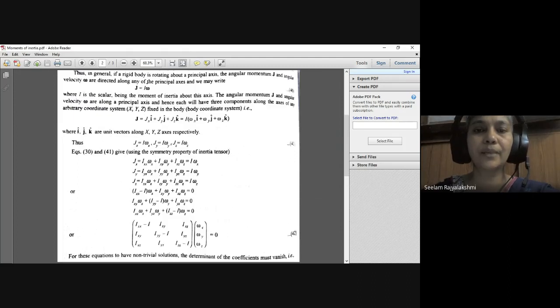Here i, j, k are the unit vectors along the x, y, z axes respectively. Thus Jx equals I omega x, Jy equals I omega y, Jz equals I omega z. These equations follow by using the symmetry property of the inertia tensor.